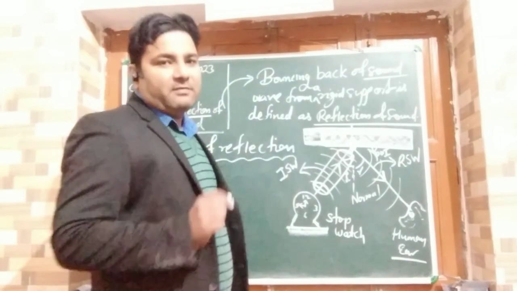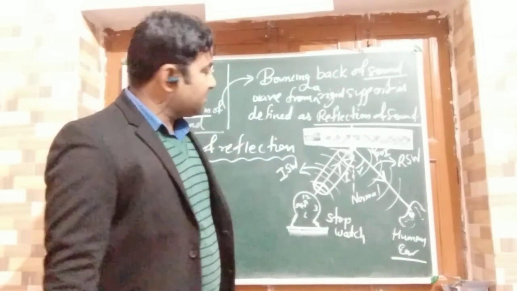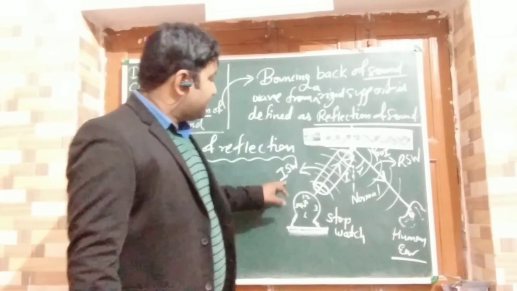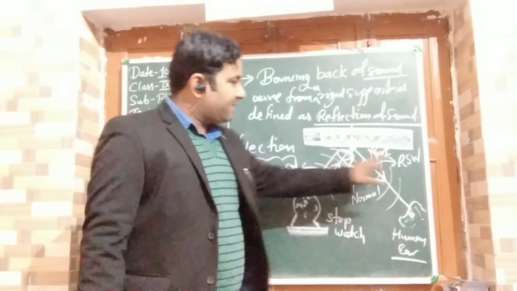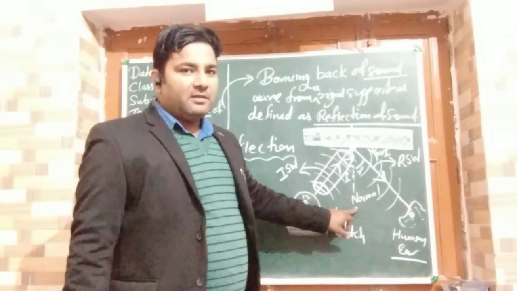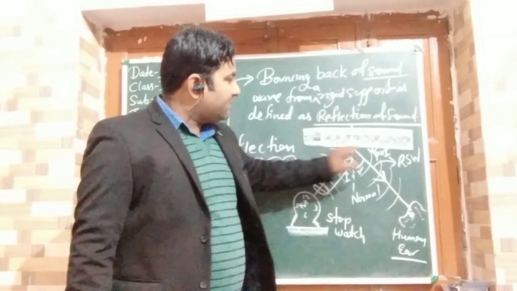Listen about the laws of reflection. What is the laws concept? The two things about the law. First, the incident sound wave, the reflected sound wave, and the normal at the point of incidence.